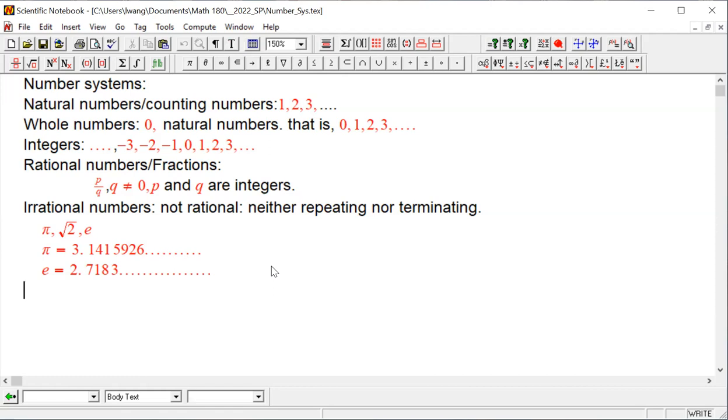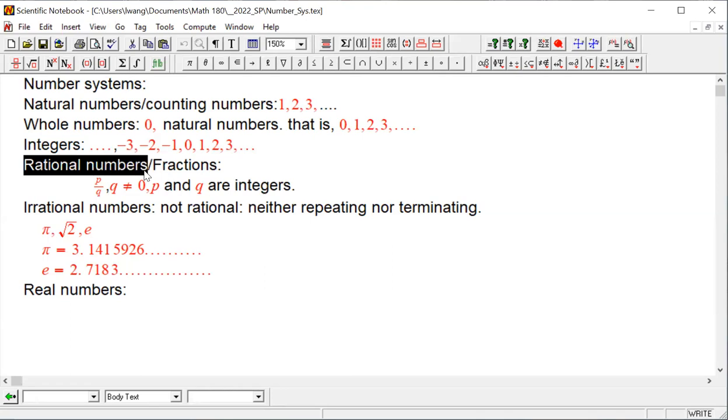Next, a very important category is when we combine all of these numbers together, and we call them real numbers. So real numbers include what?